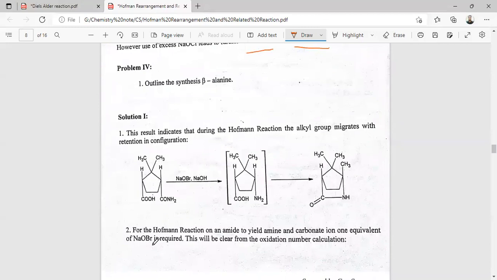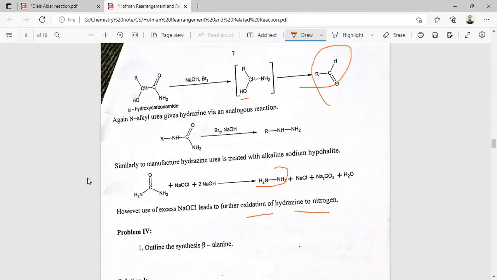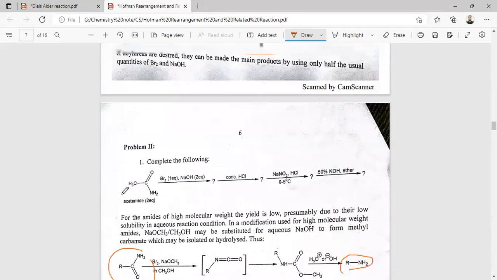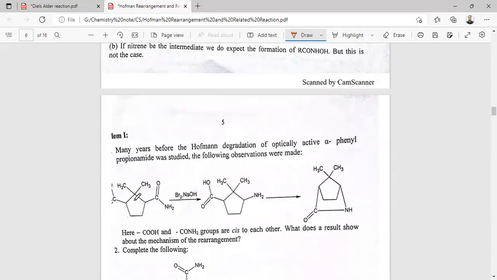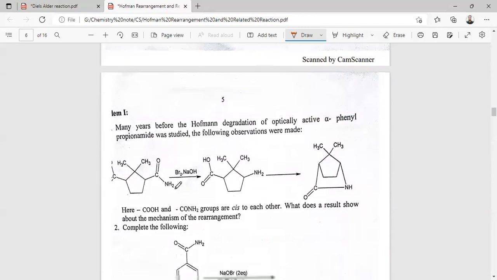So now I will discuss some problems. Here, the first problem is: many years ago the Hofmann degradation of radioactive alpha phenyl propionamide was studied. The following observations were made.